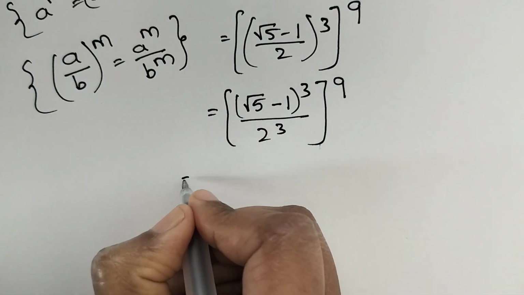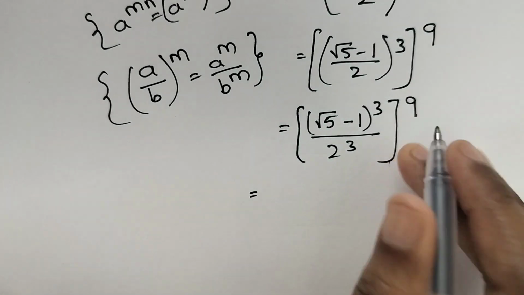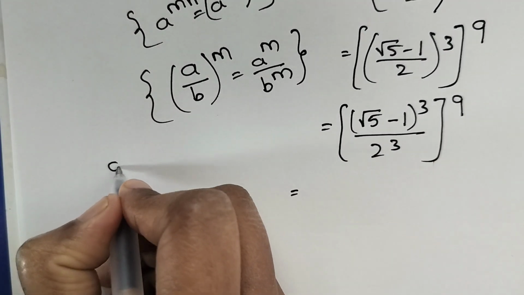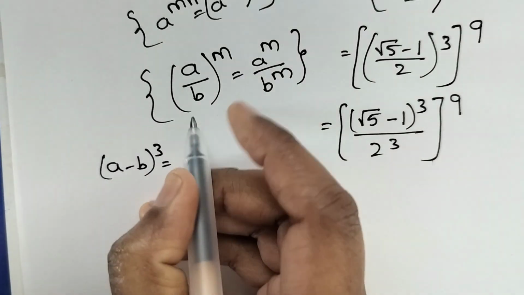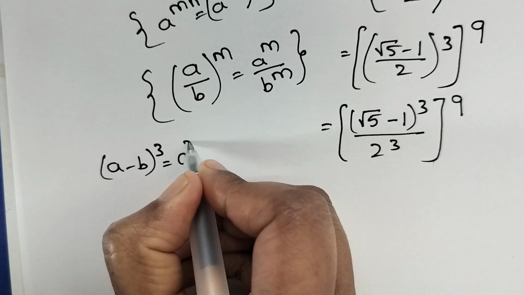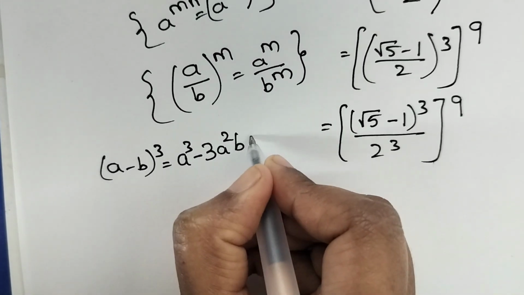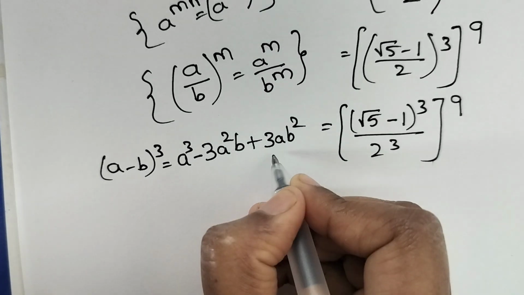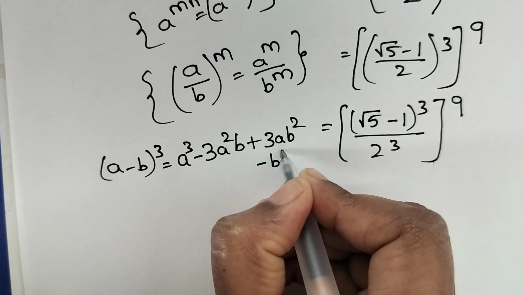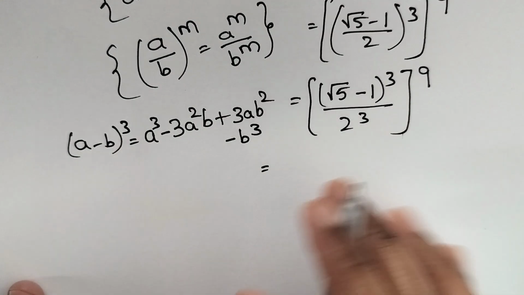Now this is in the form of a minus b whole cubed. We know this formula: a minus b whole cubed is equal to a cubed minus 3a squared b plus 3ab squared minus b cubed. So use this formula.